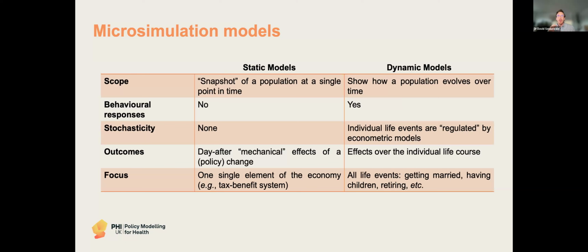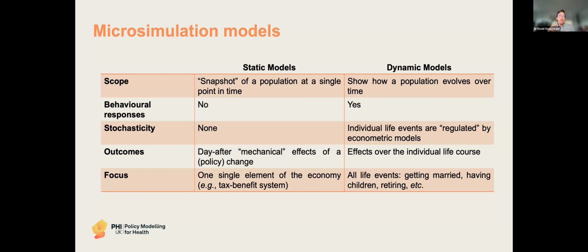The primary source of divergence between these two types of models is their scope. Static models try to capture a fixed moment in time, while on the contrary, dynamic microsimulation models show how a population evolves over time.